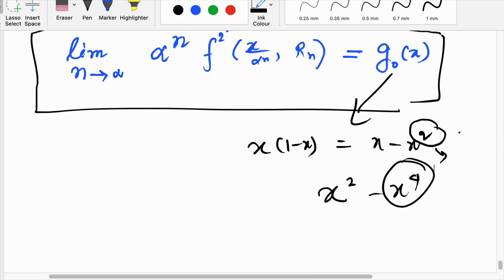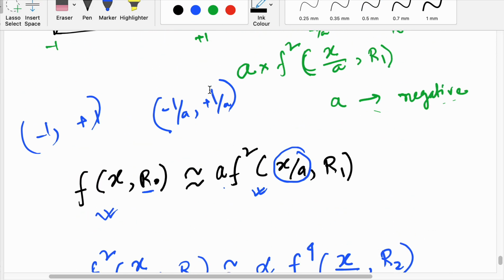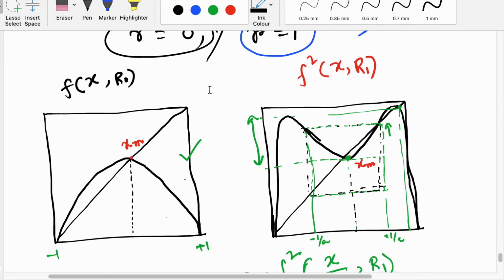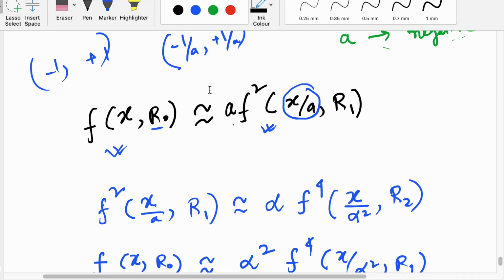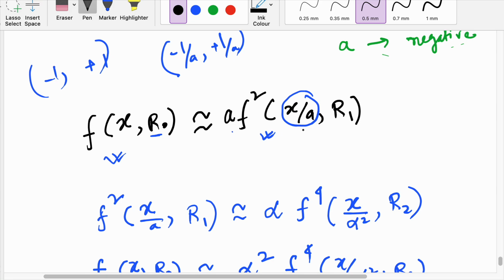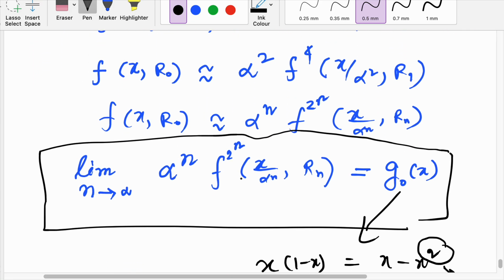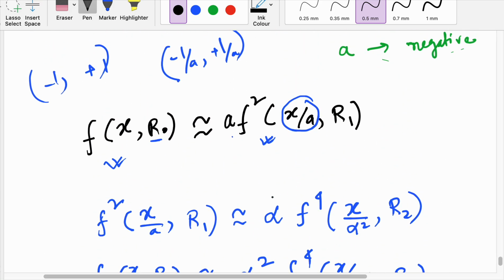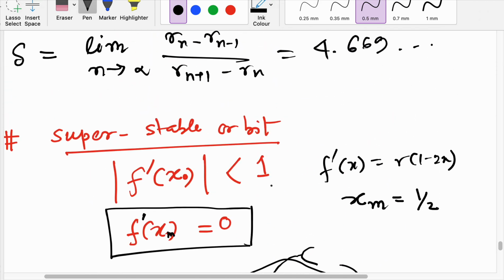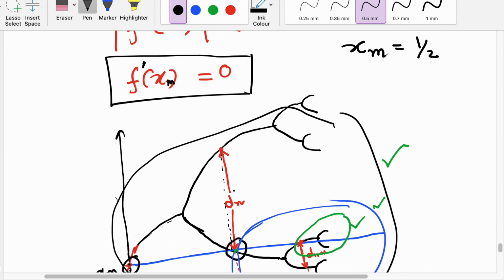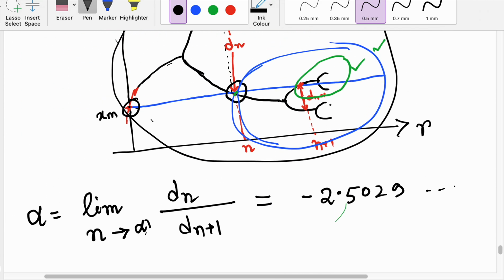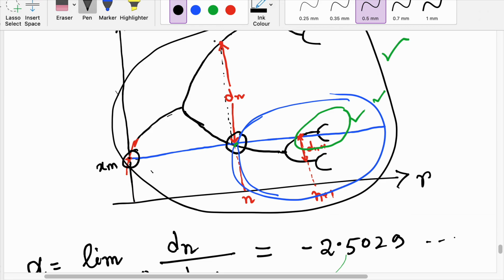From the renormalization, in the next class we will find out the value at which the first bifurcation or nth bifurcation occurs, and what the values of alpha and delta are. Now one thing: here we are using a. It has been found that this a has to be equal to the alpha that we get here, because this is the thing that is reduced.